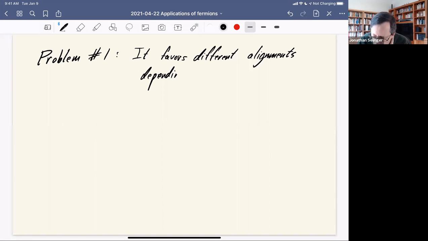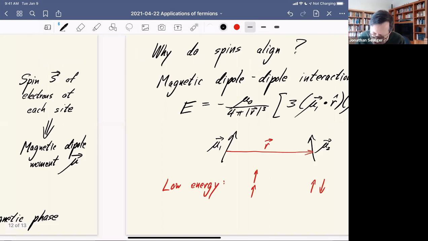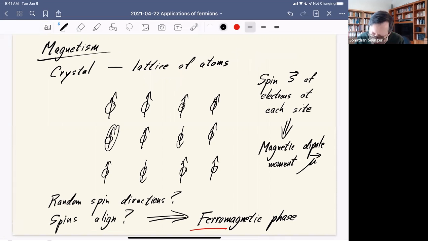So that's, for the picture that I just drew for you, right? That if you look at sites like, here, here to here in the lattice, the dipole-dipole interaction favors parallel. But if you have sites like there to there in the lattice, the dipole-dipole interaction favors anti-parallel. And so, it doesn't make a single story about which way they should align.